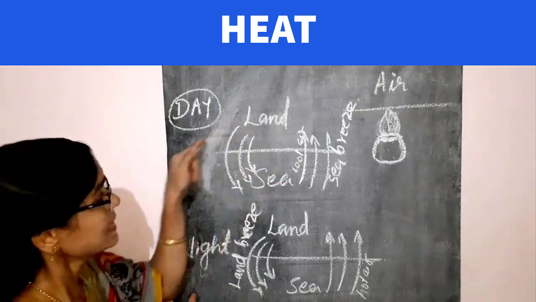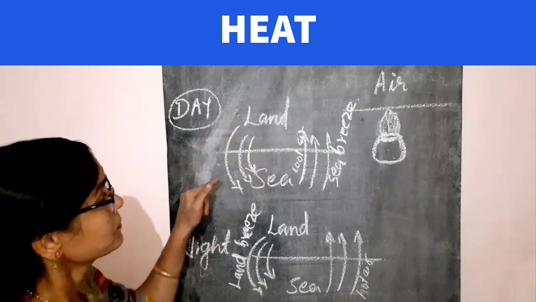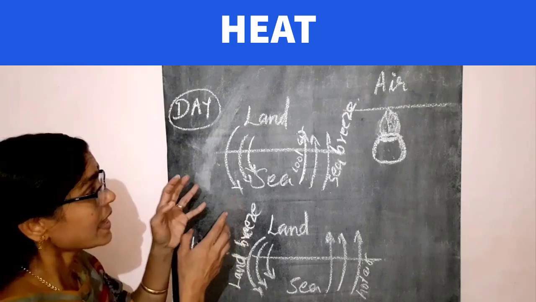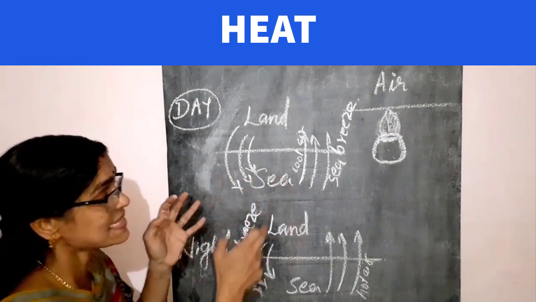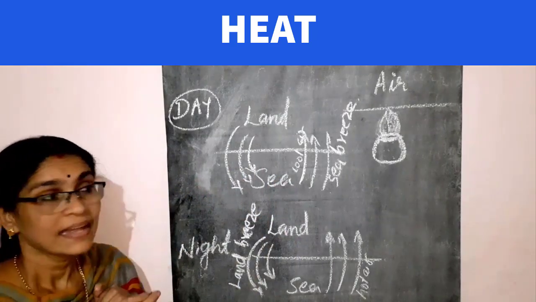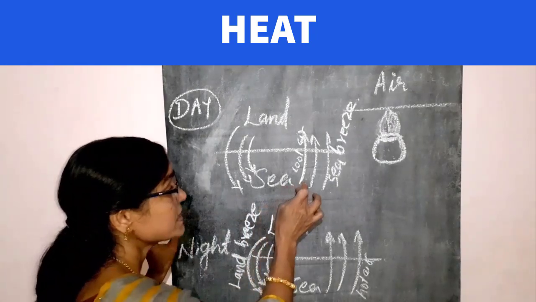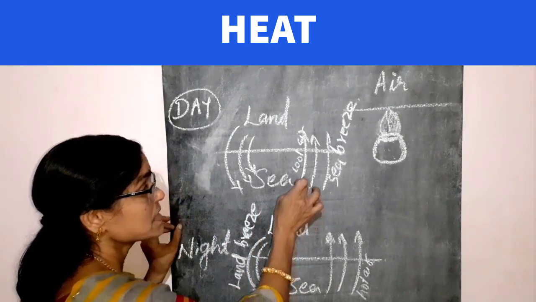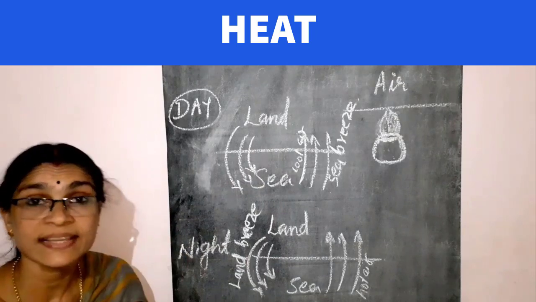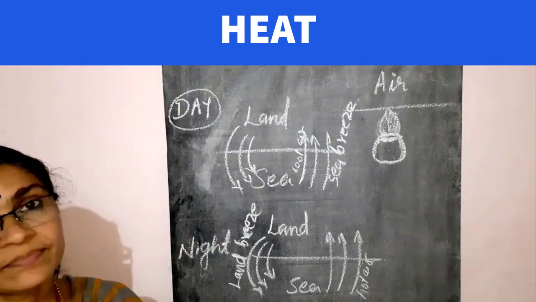Then we can see the movement of cold air and hot air in a cyclic manner. This movement of cold air from the sea to land is called sea breeze.